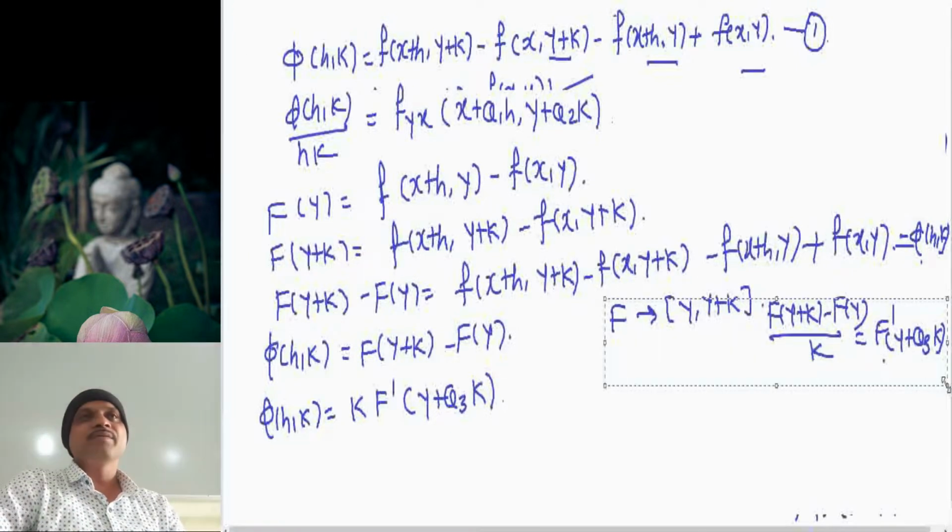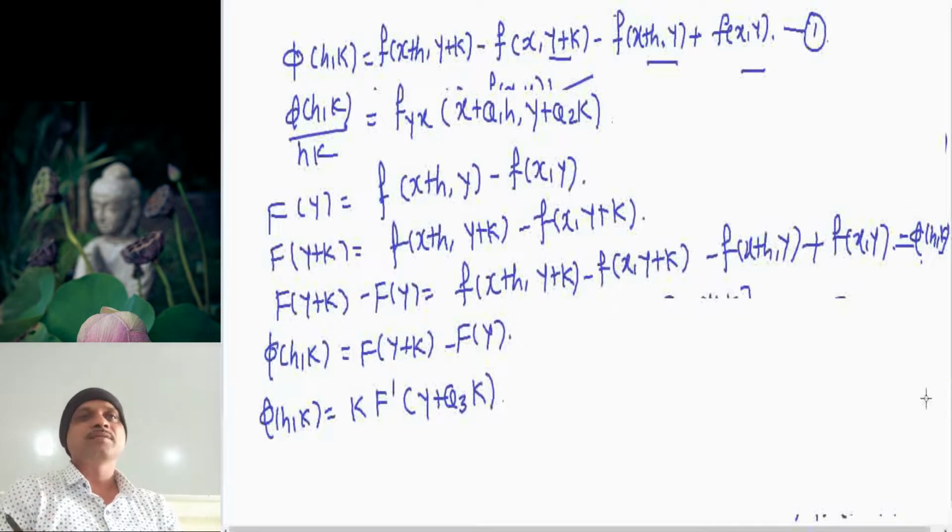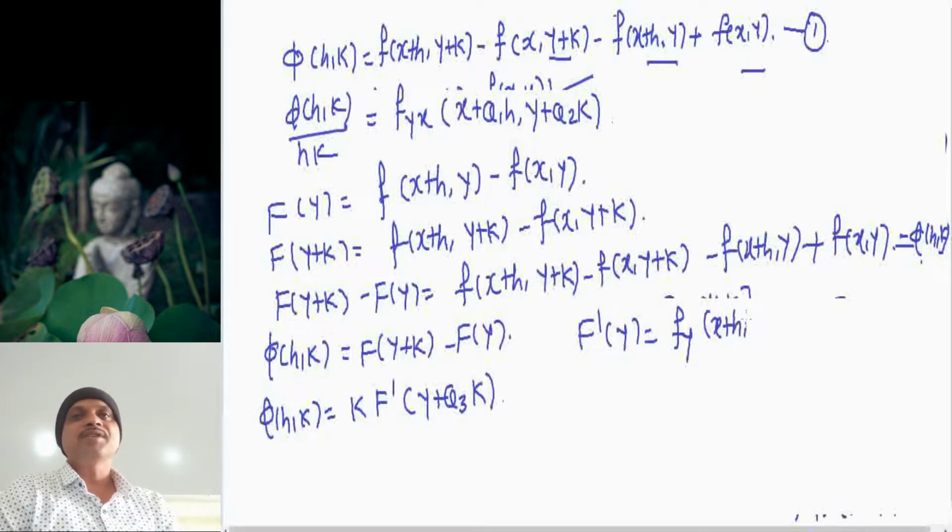The derivative of capital F of y is nothing but F dash of y equal to the derivative f_y of x plus h, y minus f_y of x, y. Okay, so let us put this value here.